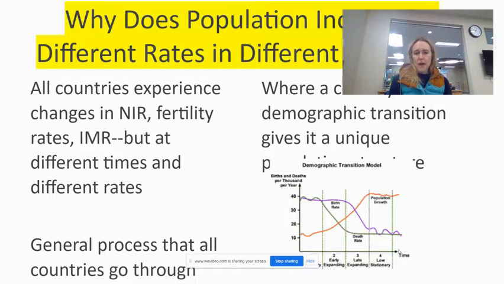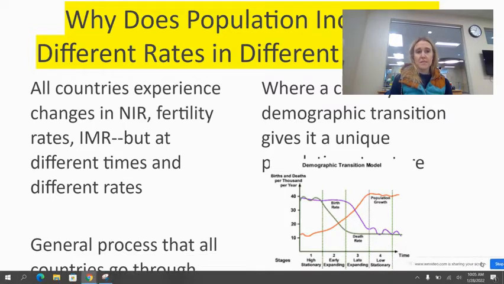Before we jump into that, just a couple of reminders of what we focused on last week. One of the big questions we've been asking ourselves is, why does population increase at different rates in different countries? Why are some countries growing at really large rates? Why are some countries shrinking? Why are some countries growing at really small rates?